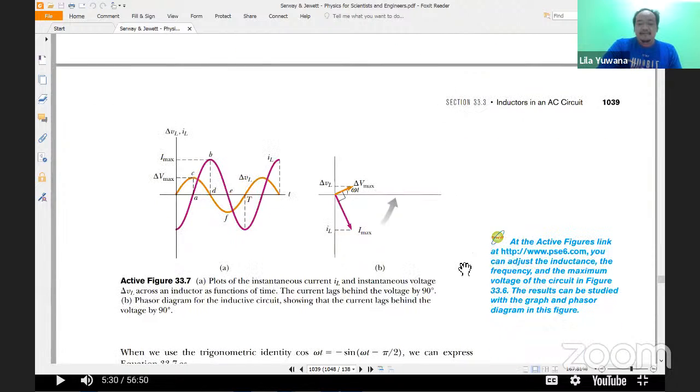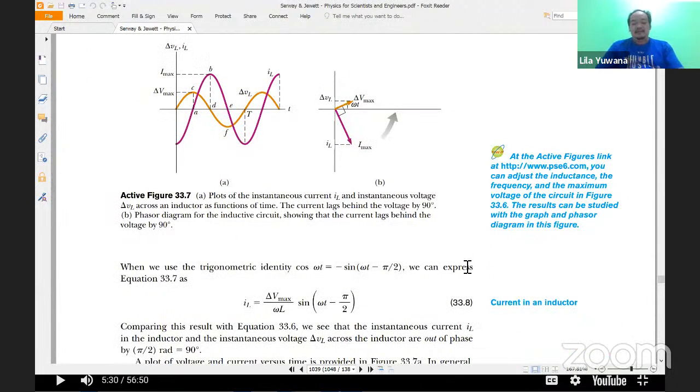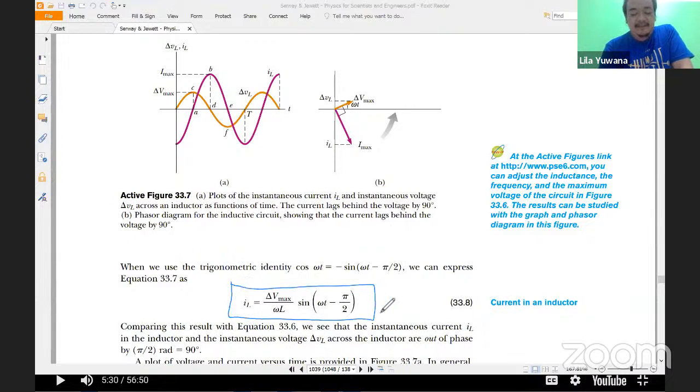And according to the previous calculation, we know that EL also has an expression like this one.